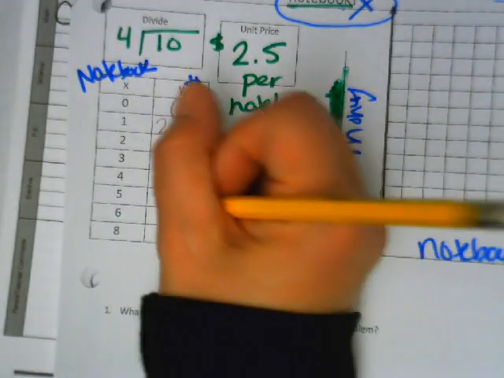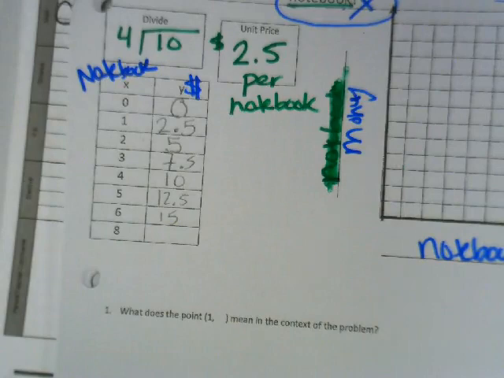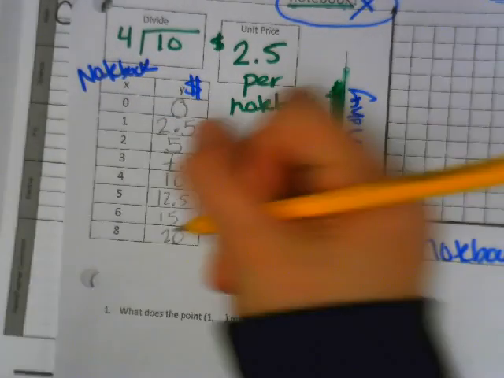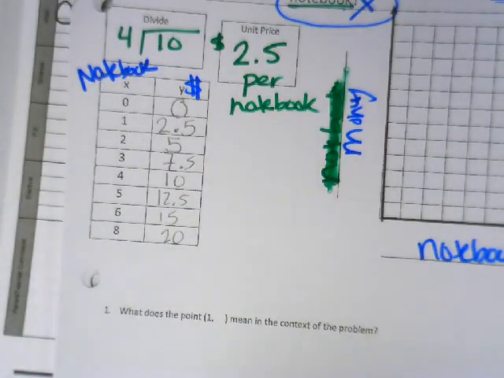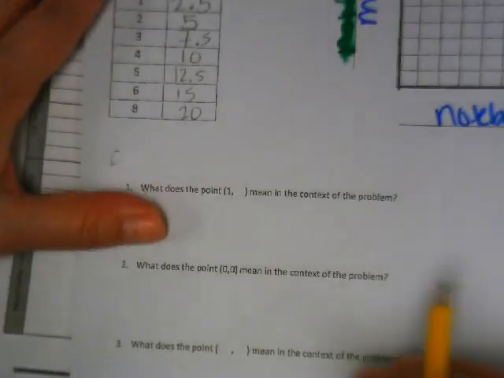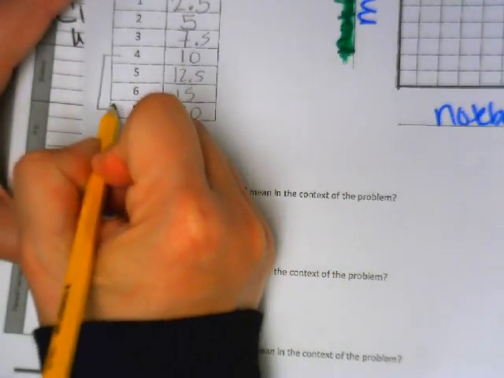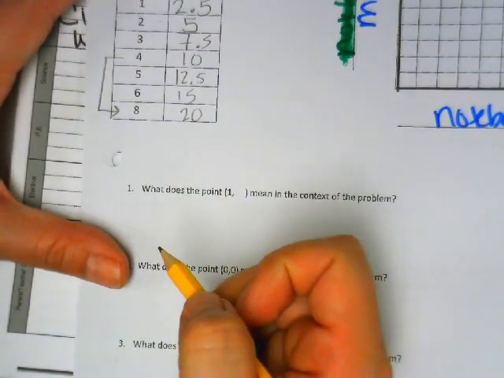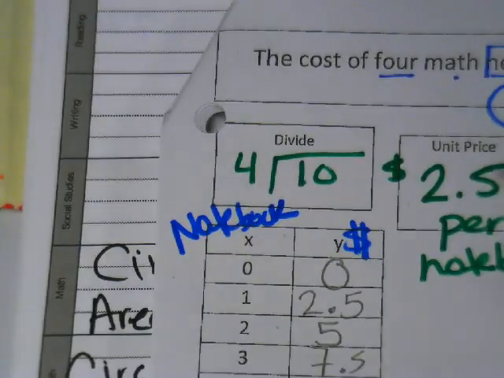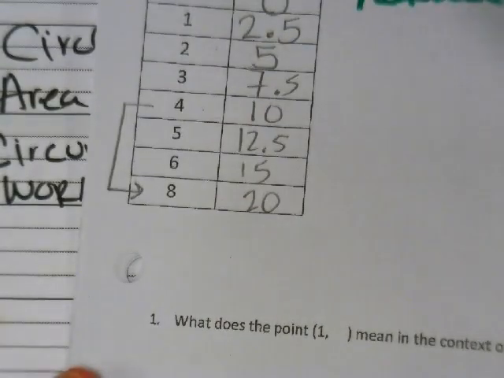6 is 15. 8 is 20. You know the easiest way to get that one? How do I go from 4 to 8? Times 2. Pay attention, because when it gets harder, these shortcuts are actually pretty easy. So even though you're really good at solving these, this shortcut will help you later.